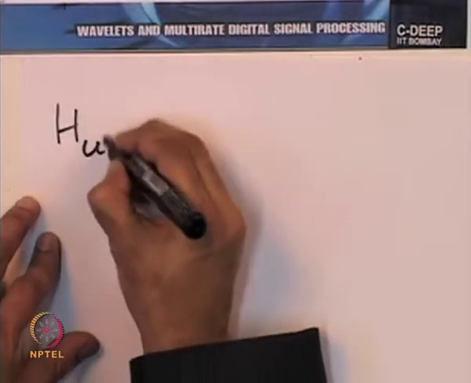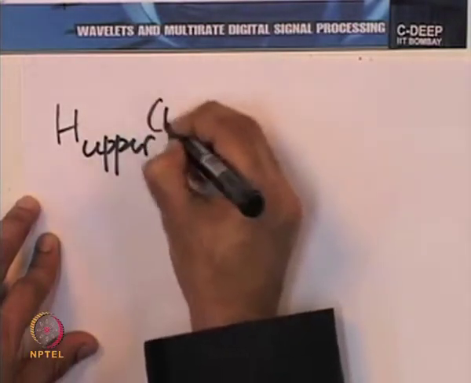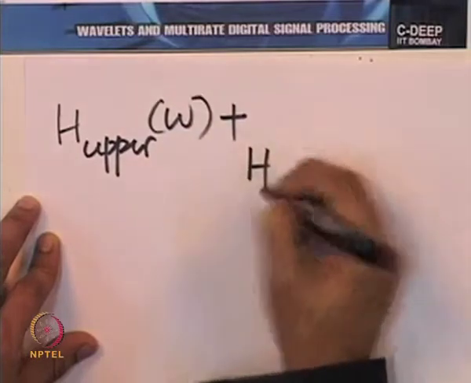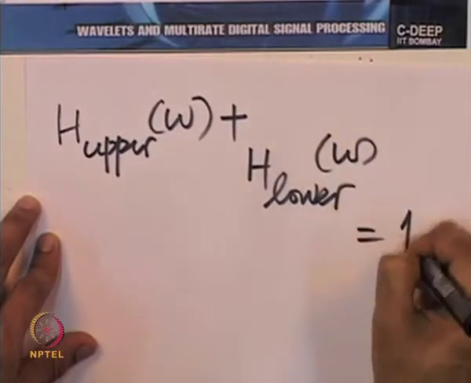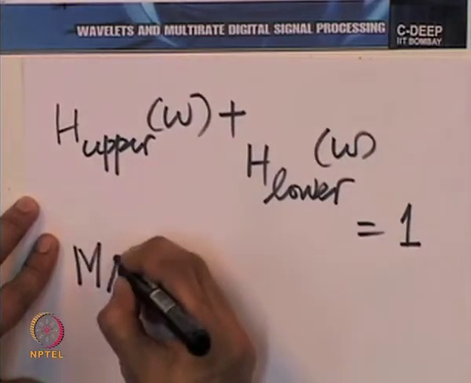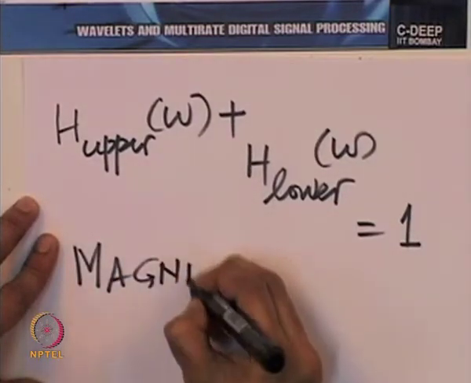H upper omega plus H lower omega is equal to 1. This is called the magnitude complementary property.